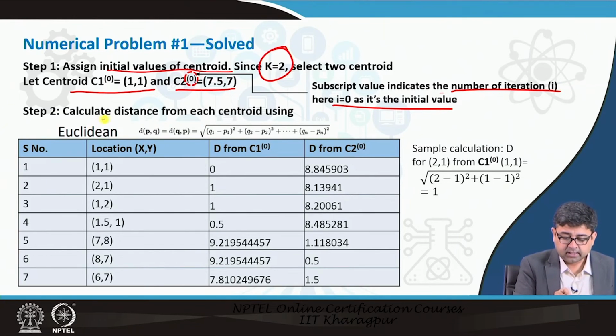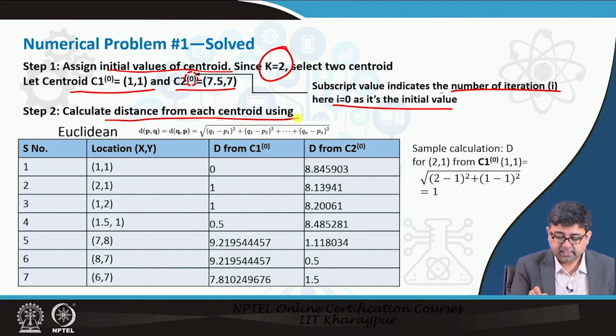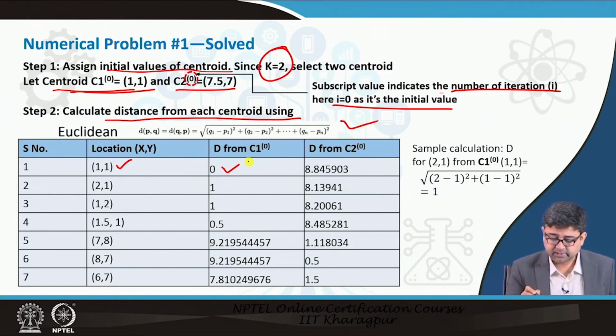Now, calculate the distance from each centroid using the Euclidean equation, just the simple equation. So, if the first centroid was chosen as (1, 1), the distance of this point from that centroid would obviously be 0.